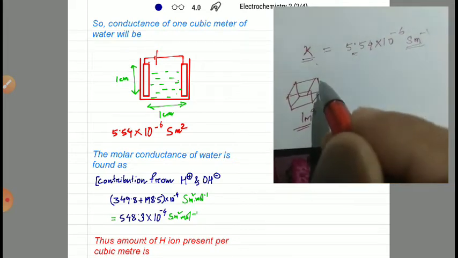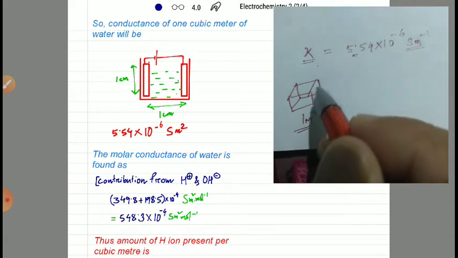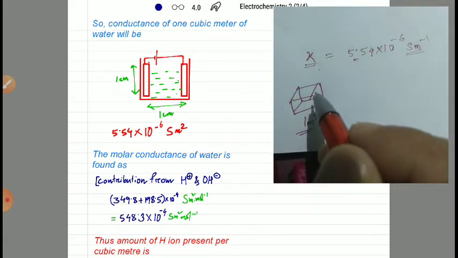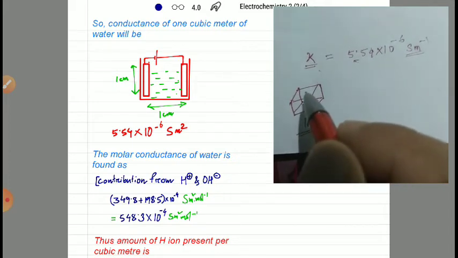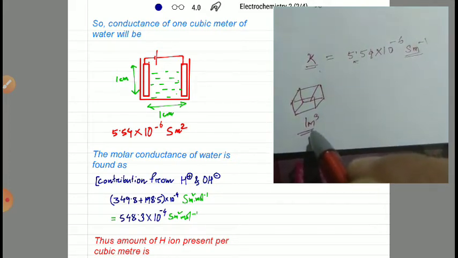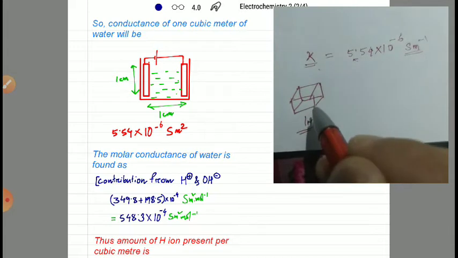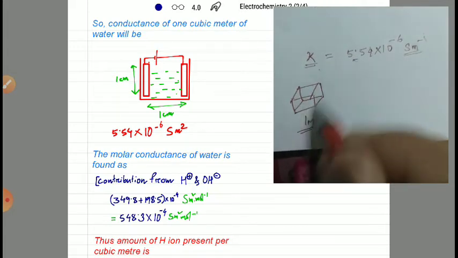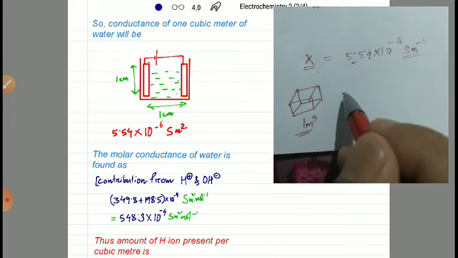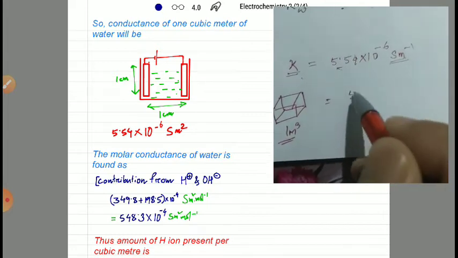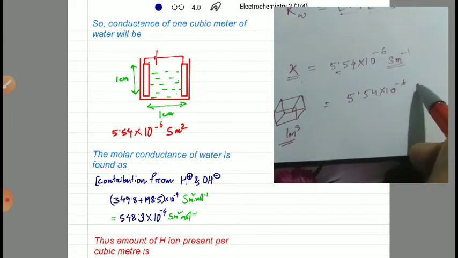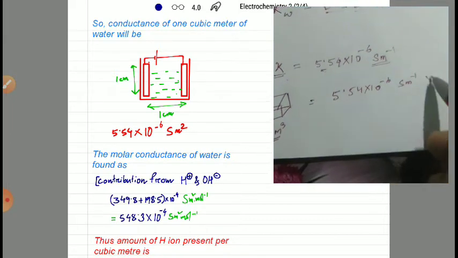If you calculate the conductance of the whole water present in the 1 meter cube box, then the conductance of that water will be the specific conductance value into the volume.